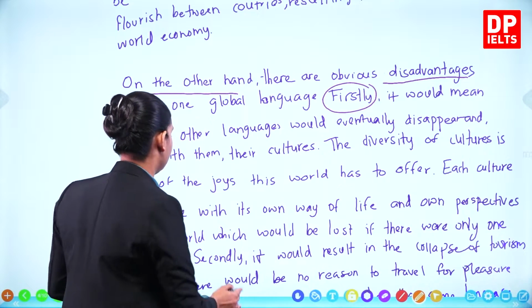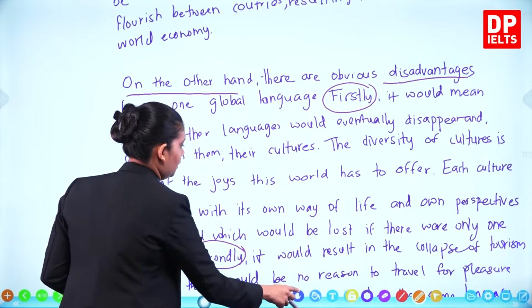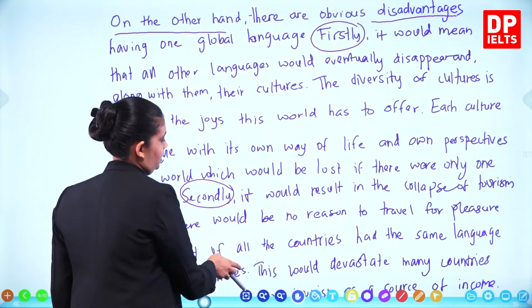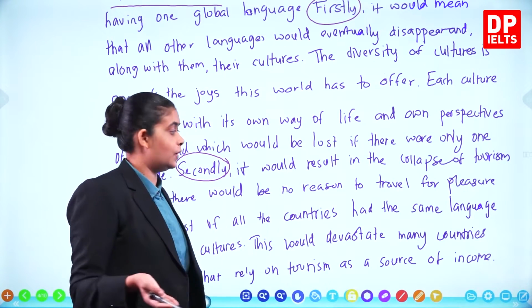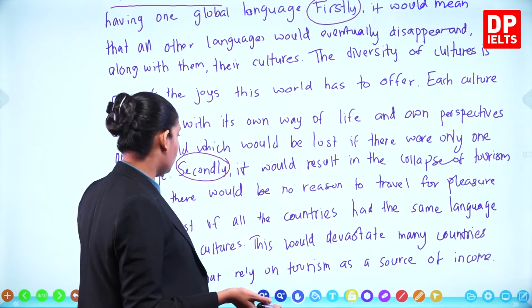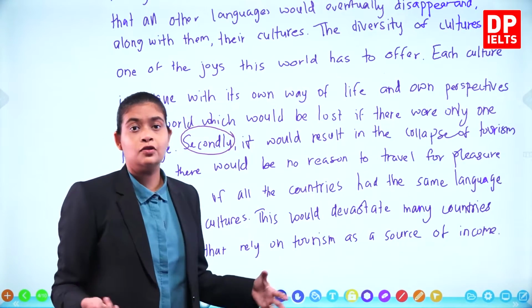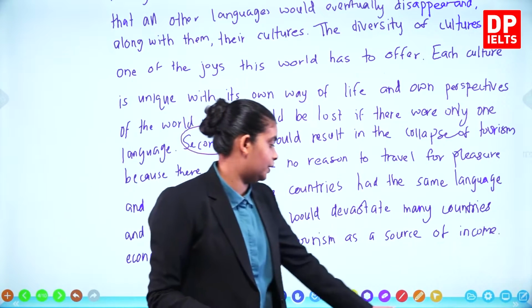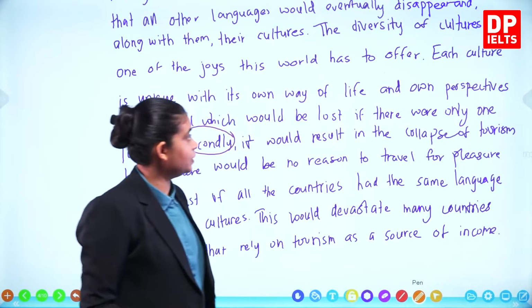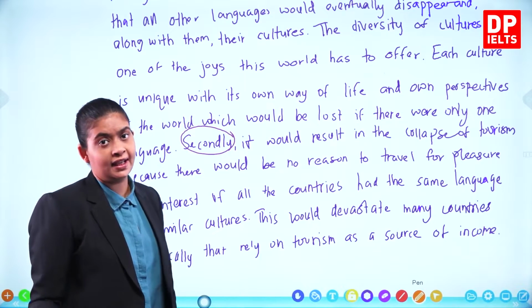Secondly, what would happen? It would be a problem for the tourism industry because people don't want to travel, people don't want to have a new experience, and therefore the countries relying on tourism would face economic problems.